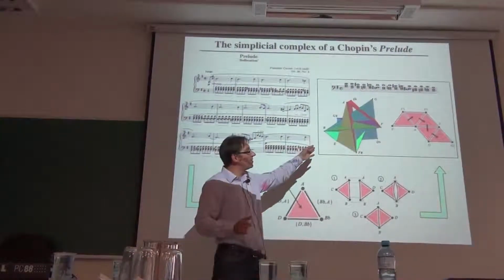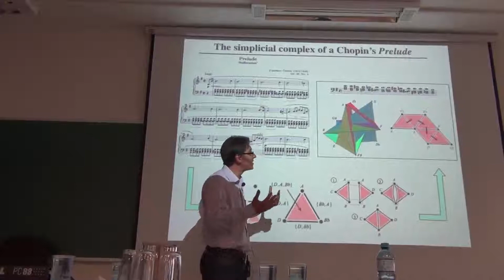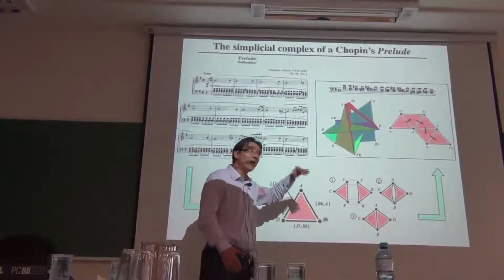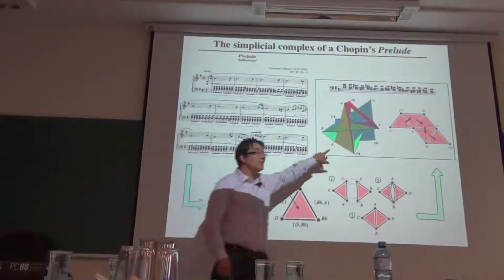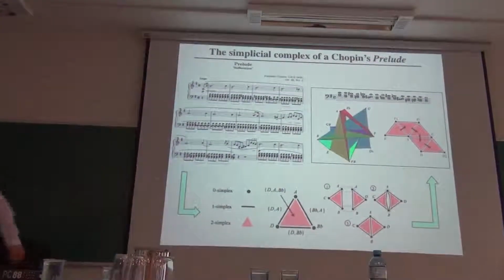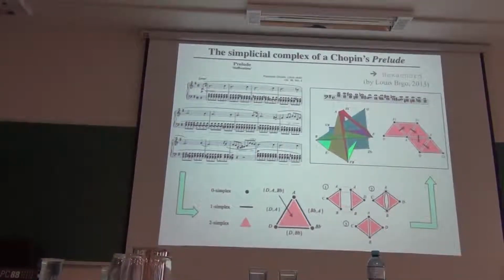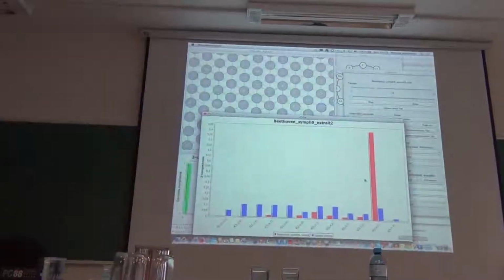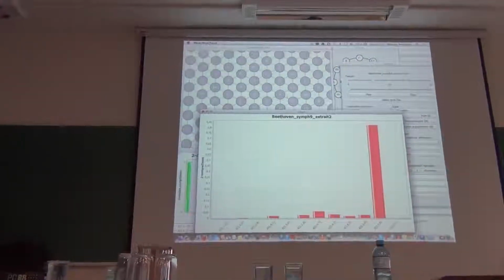Now the piece generates its own space, and then we look at how the composer is moving within the space generated by the piece. I will show you with the hexachord how you can associate this simplicial complex to the piece.